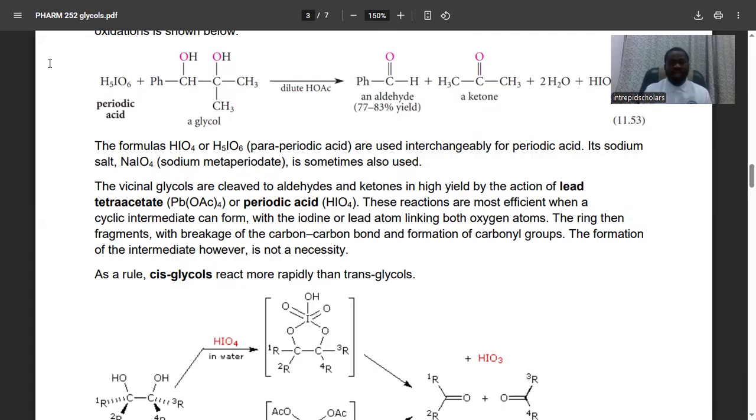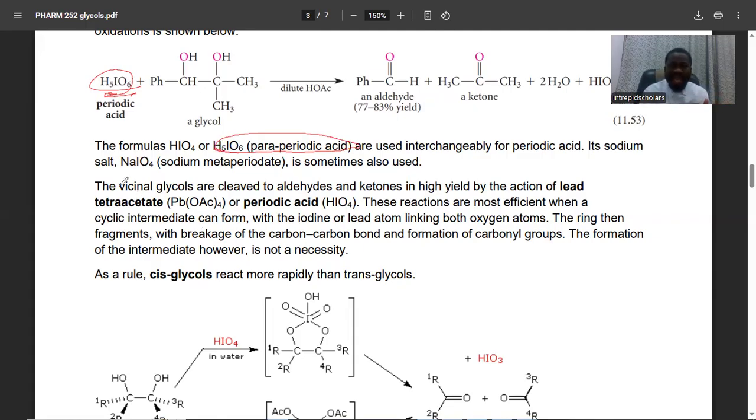Now let me explain. When I was talking about this one, I said let's take this as periodic acid for now. Essentially, what we have here is called paraperiodic acid or orthoperiodic acid. Same formula for paraperiodic acid or orthoperiodic acid. That is why we have the paraperiodic acid in brackets. So that is the exact name of that.